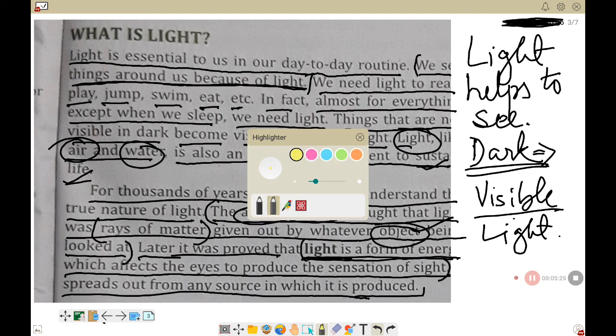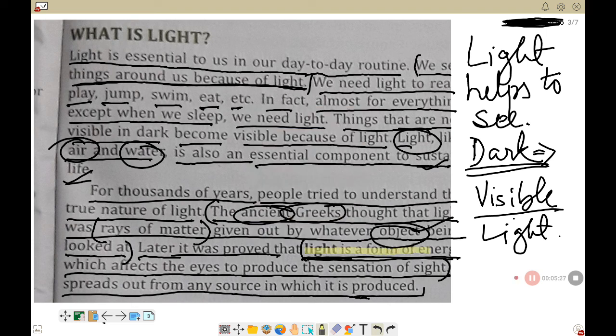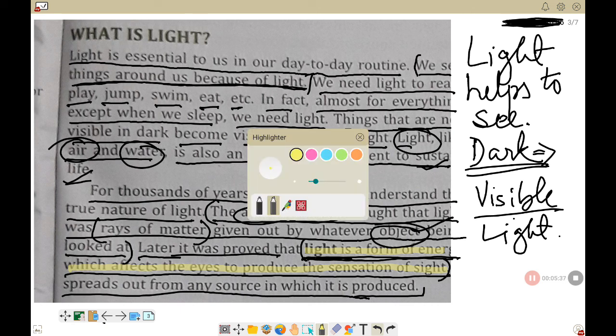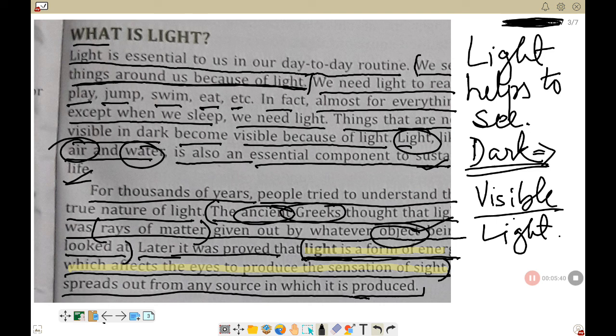Okay, so you can mark from here, light is a form of energy which affects the eyes to produce sensation of sight. So this would be the definition or answer of the question that you have on the heading. Here is the question, isn't it? What is light? So answer is here. Light is a form of energy which affects the eyes to produce sensation of sight.